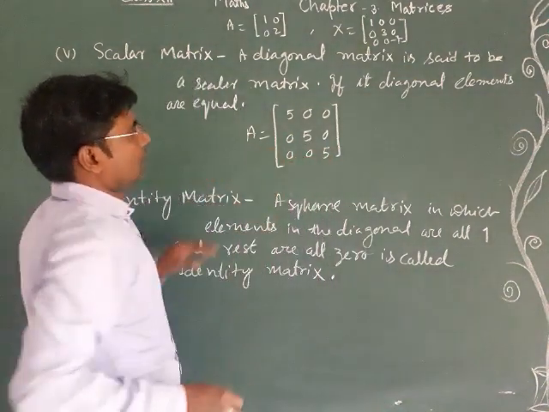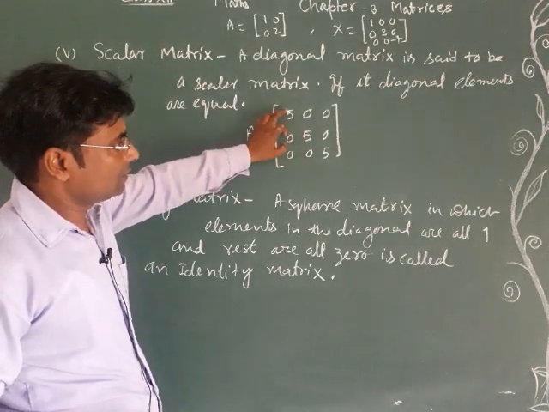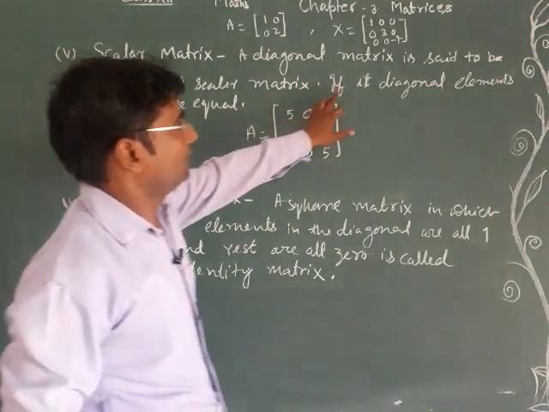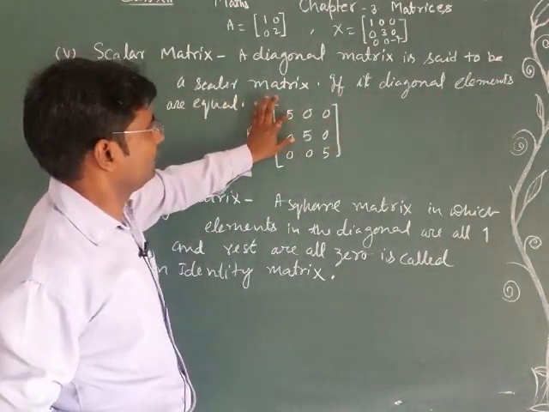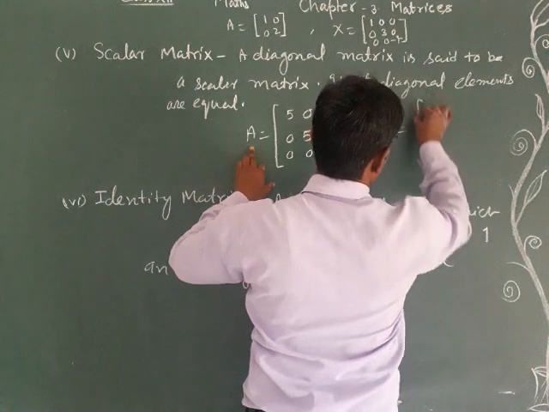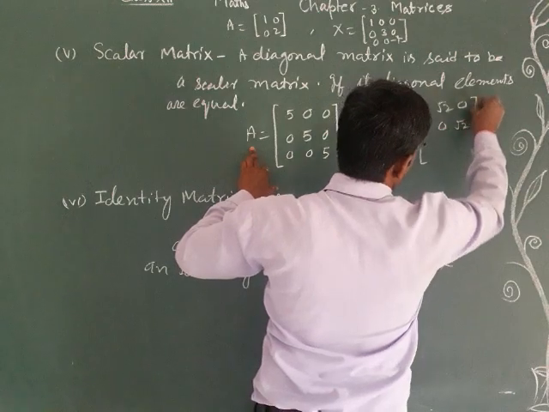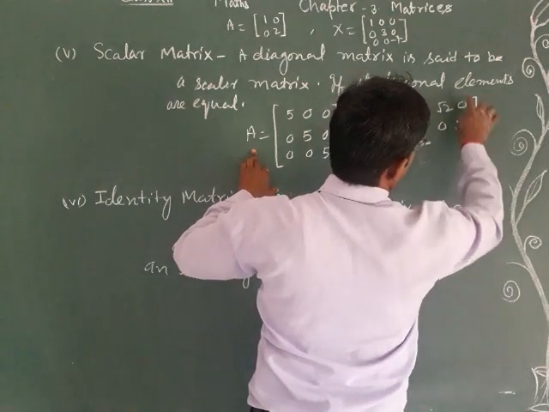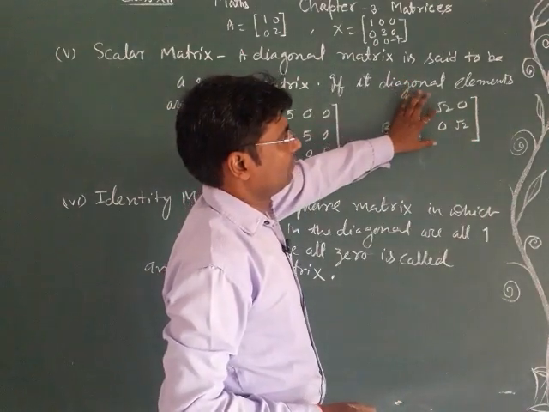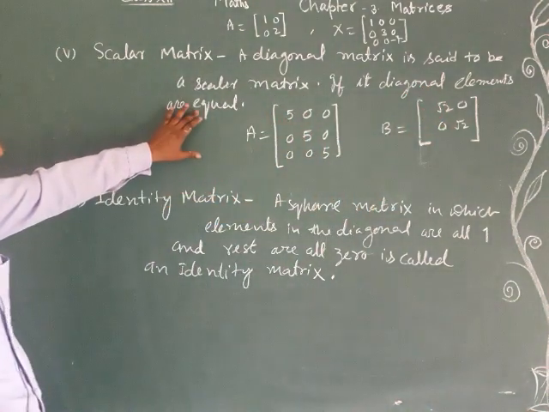This is a scalar matrix because the diagonal elements are equal. Another example is root 2, 0, 0, root 2. This is a scalar matrix because the diagonal elements are the same.